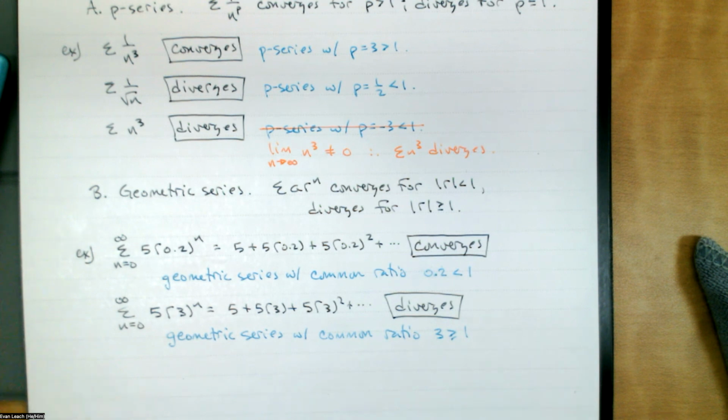We did point out that this is, in fact, a geometric series. But because it's a geometric series with a common ratio greater than 1, the terms don't go to 0.